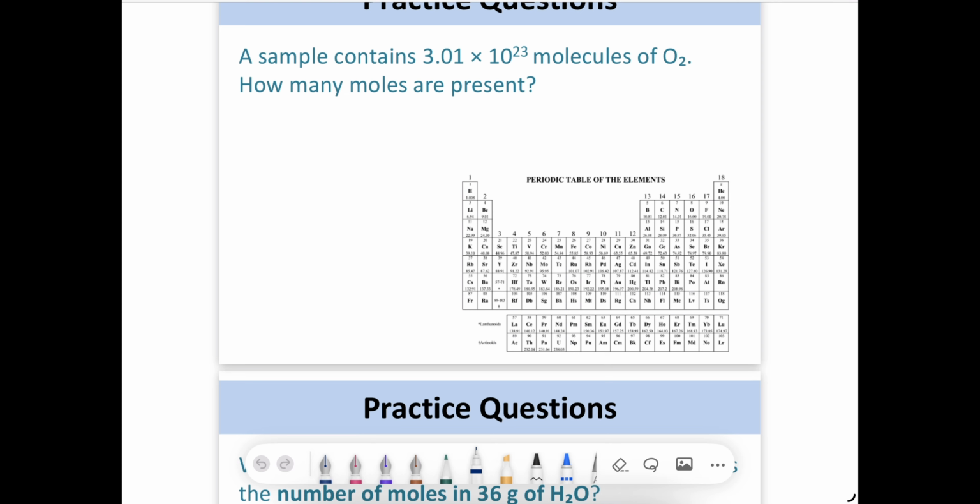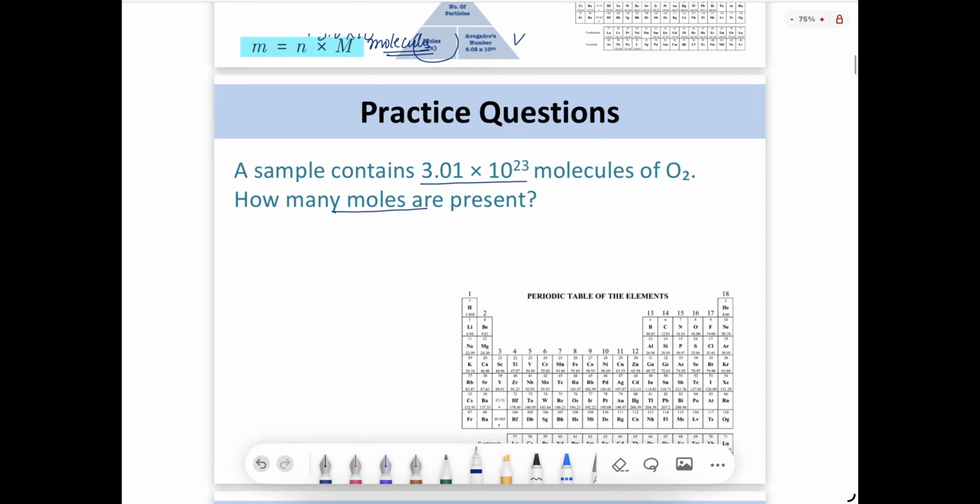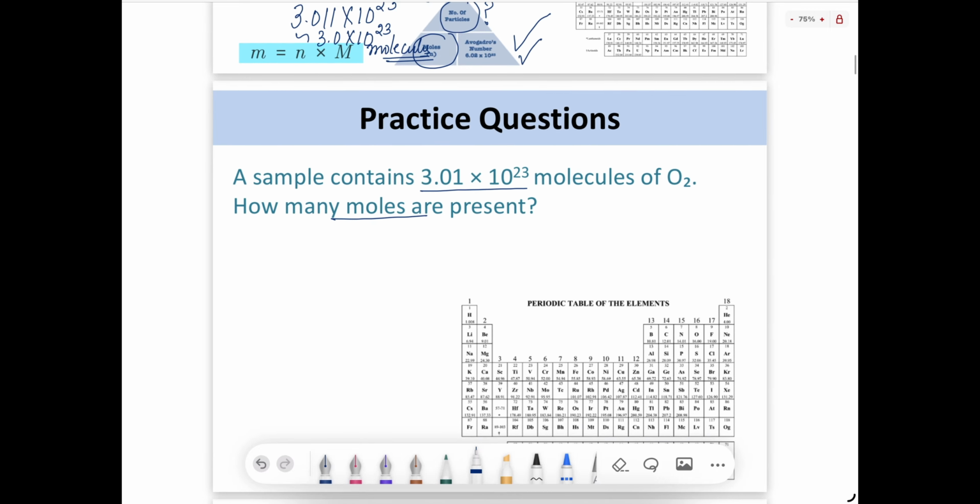Let's check your answers. A sample contains 3.01 into 10 raised to the power 23 molecules. So you have these many molecules. How many moles are present? So hopefully you have predicted the right formula. So here is the formula. Moles is equal to number of molecules over Avogadro's number.